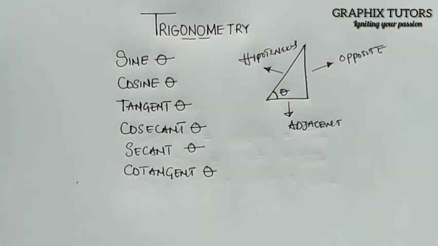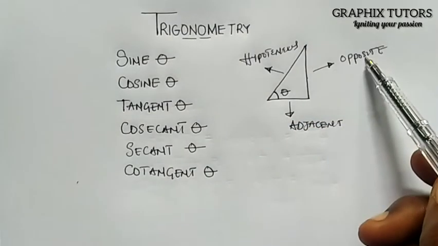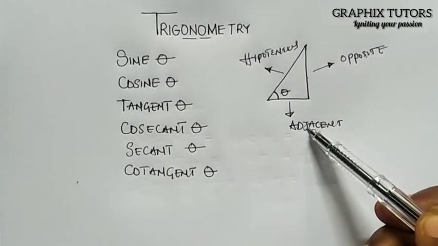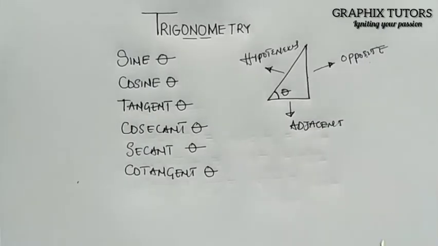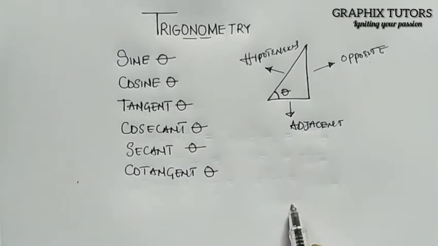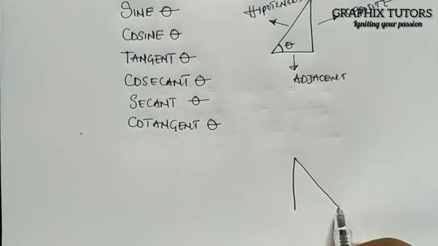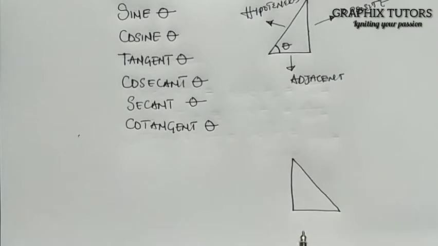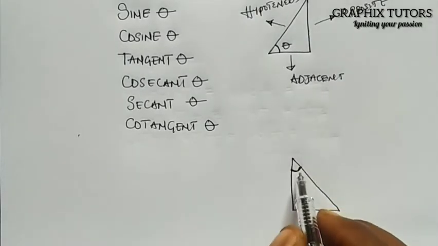Then the other third part will give you our adjacent. Now, one thing you need to know is that the opposite sometimes changes to be the adjacent, while the adjacent sometimes becomes the opposite. What did I mean? Let's assume I have the triangle this way, and I'm placing my angle here. Let's say this is my beta.